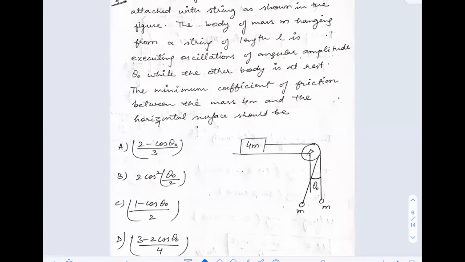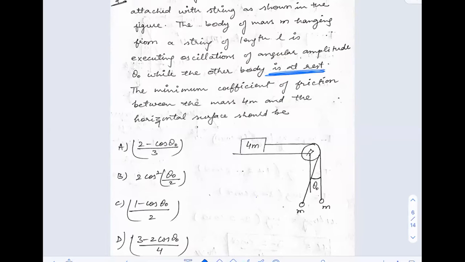The body of mass m hanging from a string of length L is executing oscillation of angular amplitude theta naught while the other body is at rest. The minimum coefficient of friction between the mass 4m and the horizontal surface should be. Okay, this is what it is asking now.